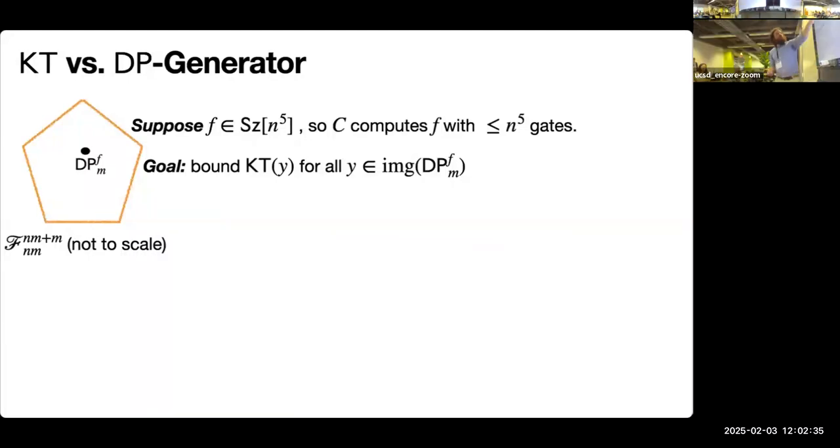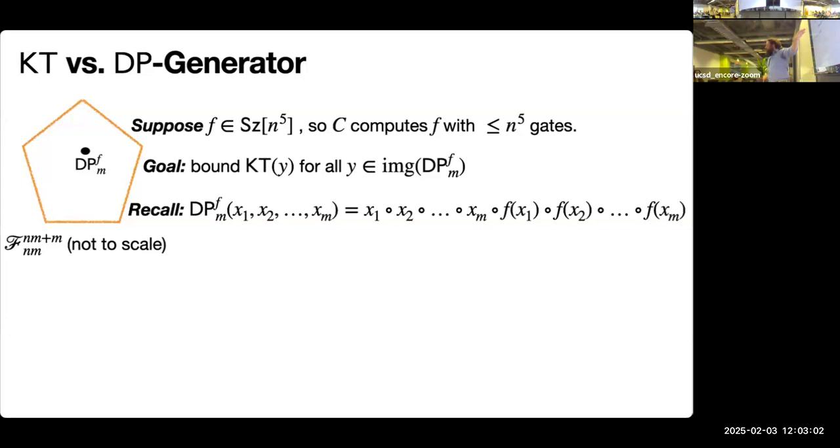Now our goal is to bound K big T of Y for all Y in the image of this generator. So no matter which input I feed to DP sub F, I should be able to get a K big T bound on the output of the generator.